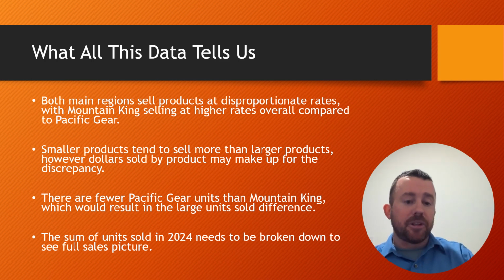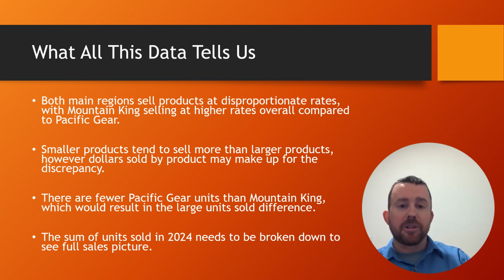Okay, it also tells us that Pacific Gear units, that the Mountain King units sold a lot more because there were more Mountain King units in general. So from year to year, we'll check it out, go over those numbers, and then see what needs to be done.